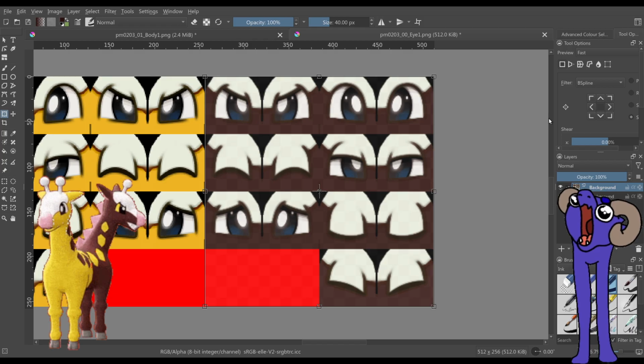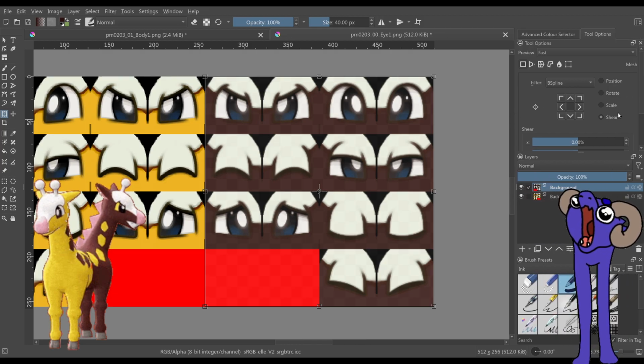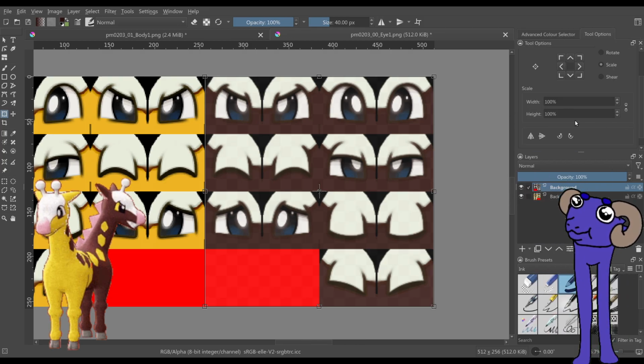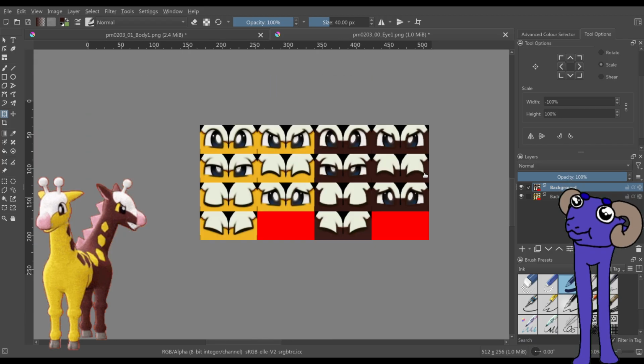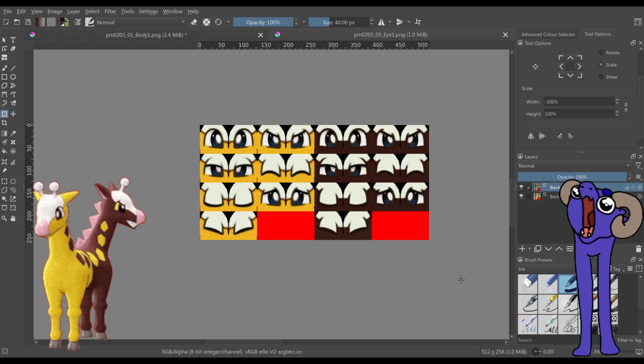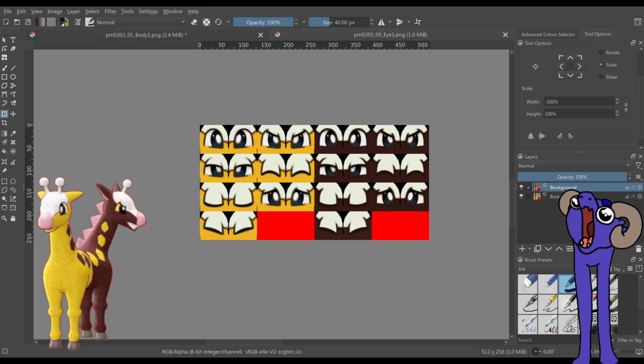Oh, is this one scale? No, that's shear. That one's scale. I want to just make this like minus one. So that should hypothetically just instantly make the eyes work. Oh my god, it did. That was easy.